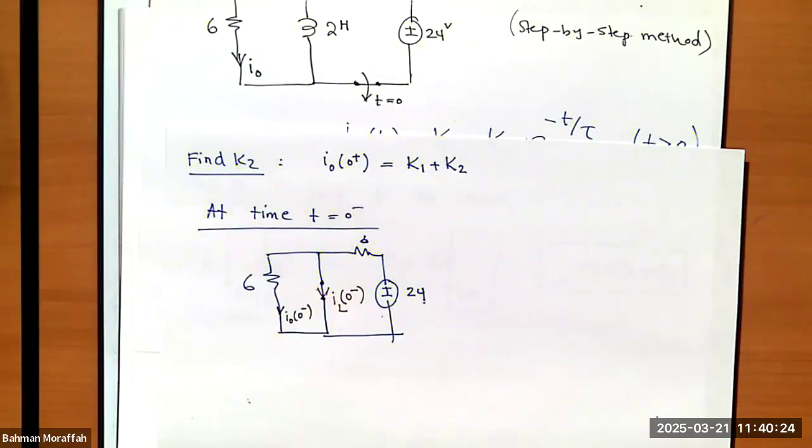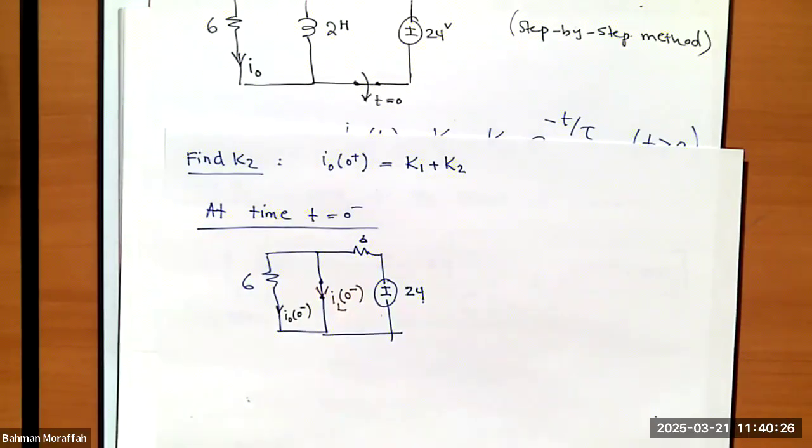What is IL at time 0 negative? Well, I just need to write a KVL for this loop on the right.